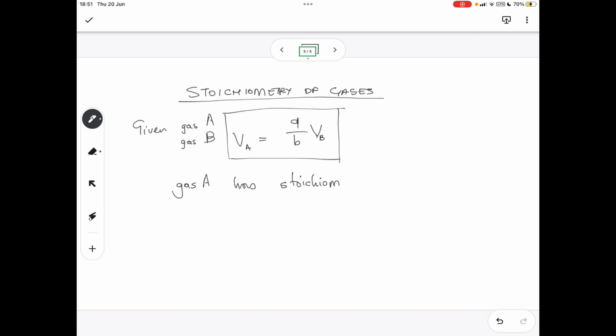Stoichiometry. No, don't share this tab.